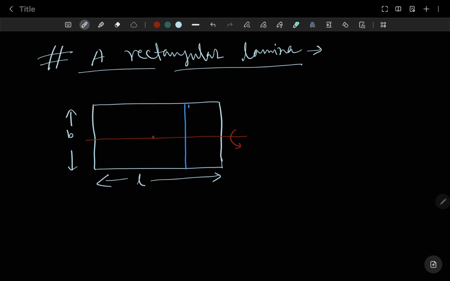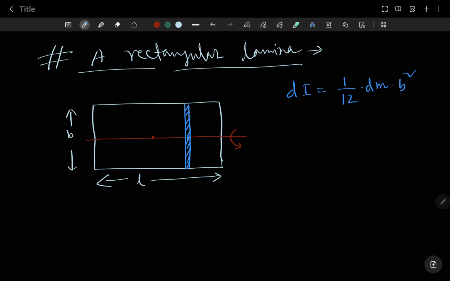Now this is a rod of length B. Suppose the mass of this rod is dm, so the moment of inertia dI will be 1 by 12 dm b square, as the axis passes through the midpoint, the center of this rod.